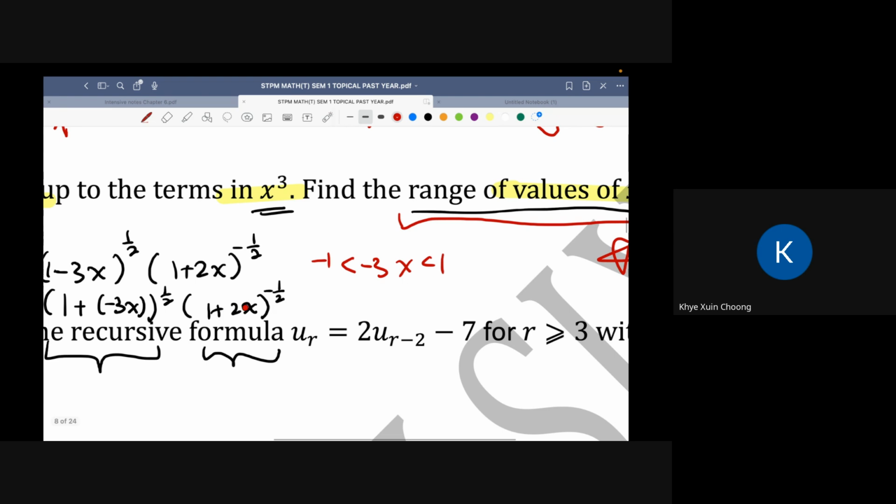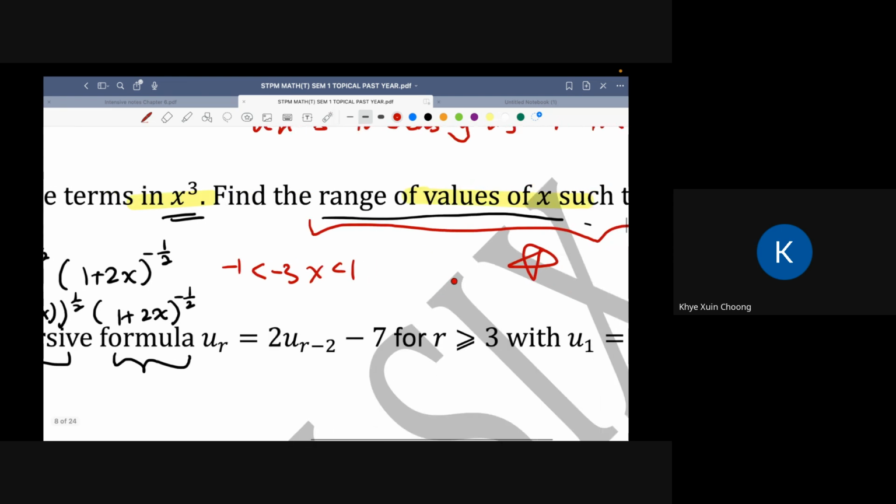For the behind part to be true, your 2x must be between -1 and 1. So if you want both to be true, you need and. You need this to be true and this also true. Both true only, both formula also can work.